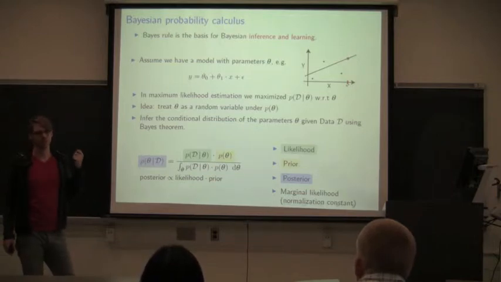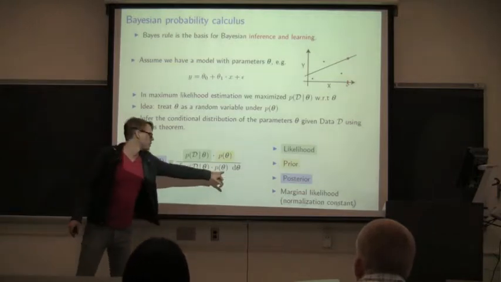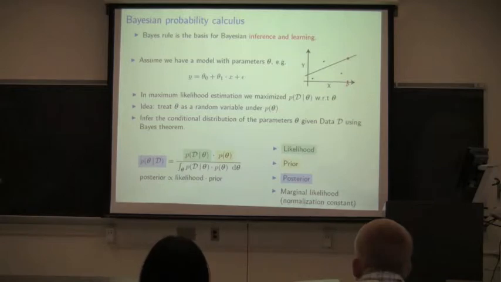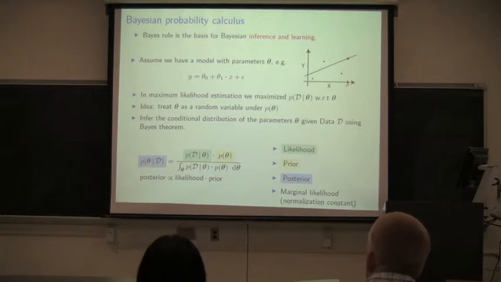So not just one, but all possible values. They're weighted by the prior. The prior is kind of our a priori belief what the probabilities of possible parameter values would be.